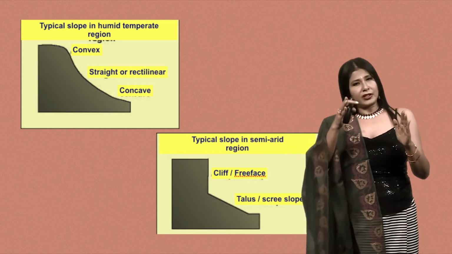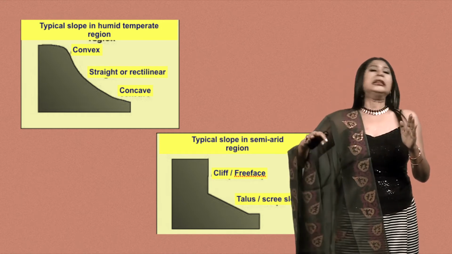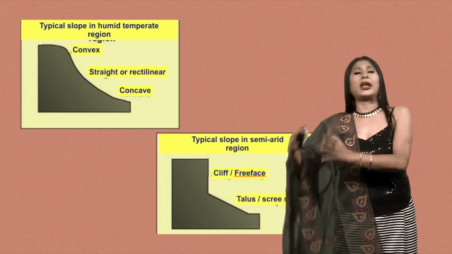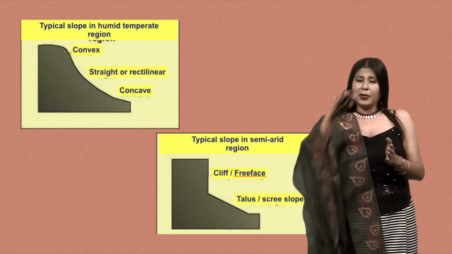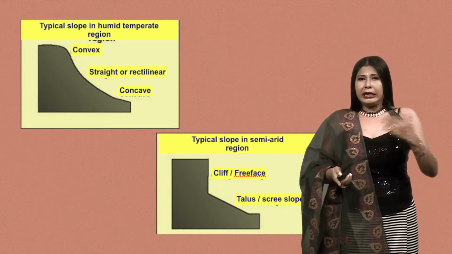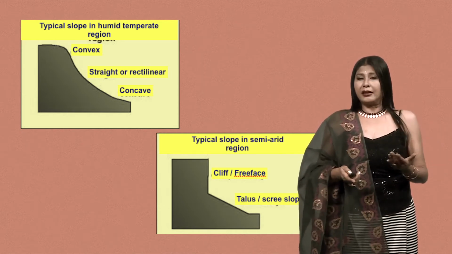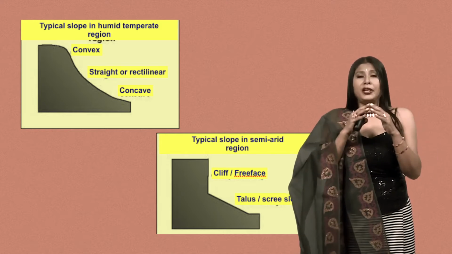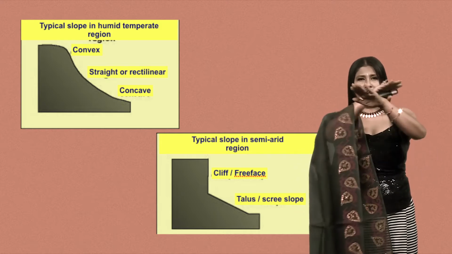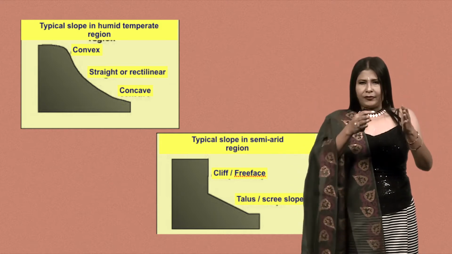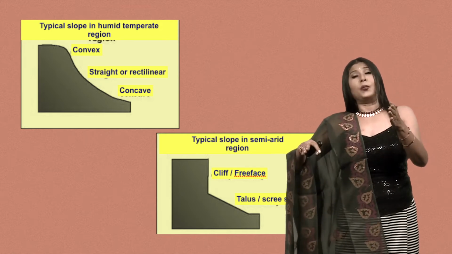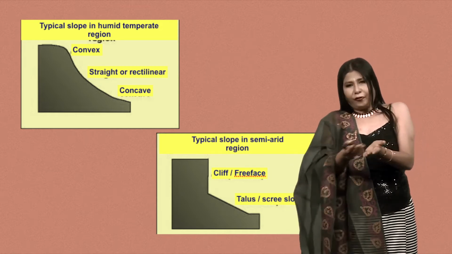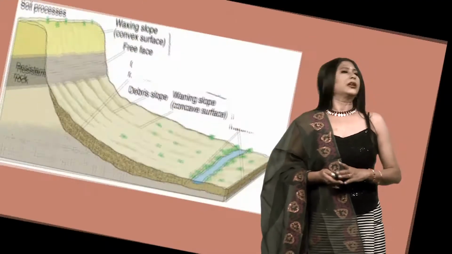The top convex slope, the straight rectilinear slope and the concave slope at the bottom all merge smoothly in the humid tropical area, whereas in the semi-arid area it will have a very well defined geometric shape: a flat top, a cliff, a middle slope or talus slope, and a flat pediment slope.